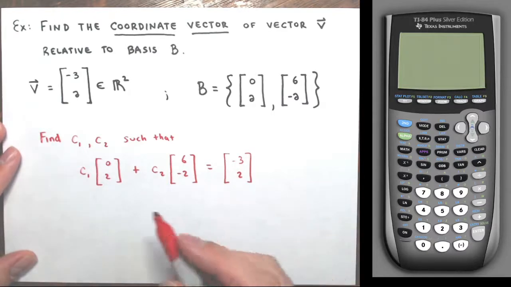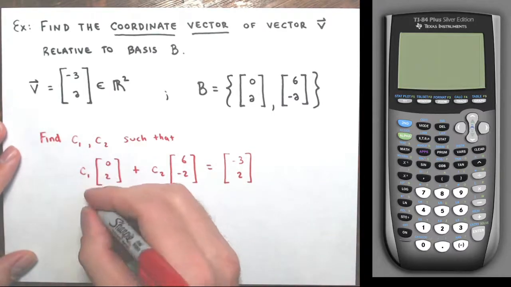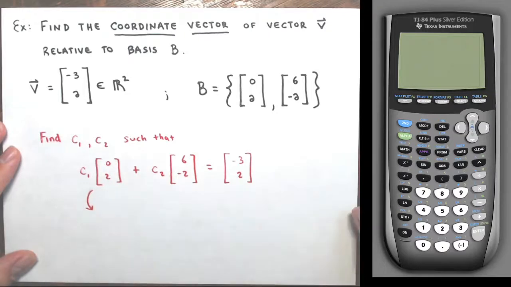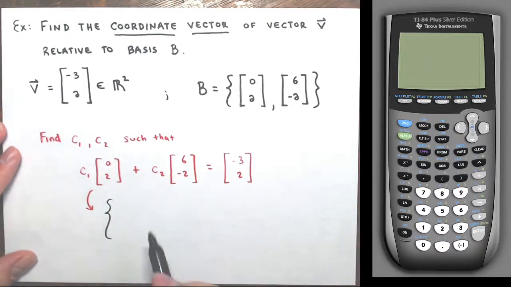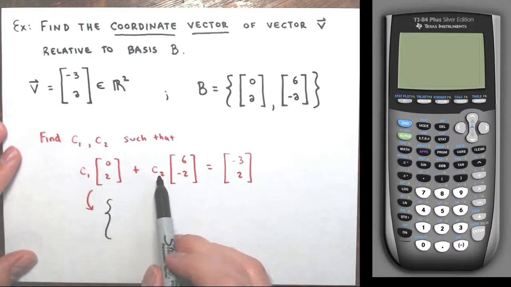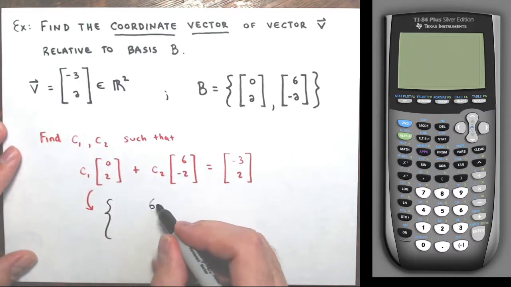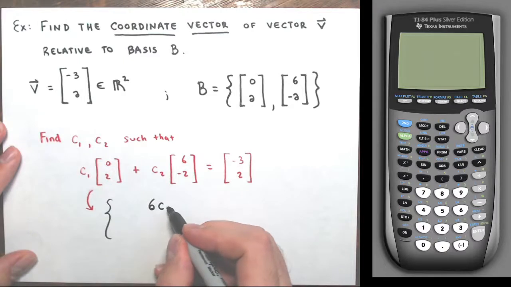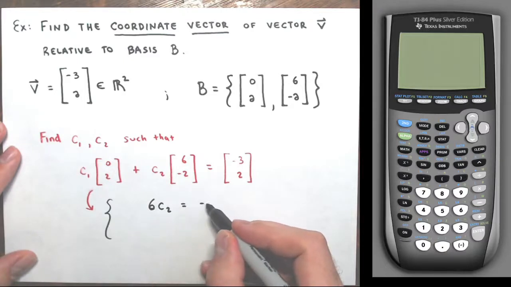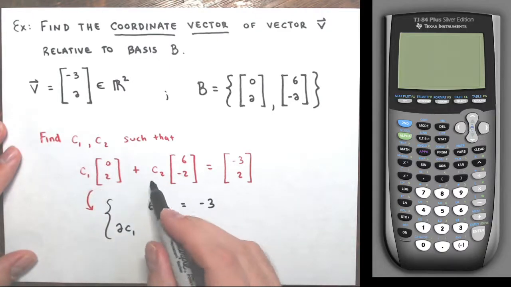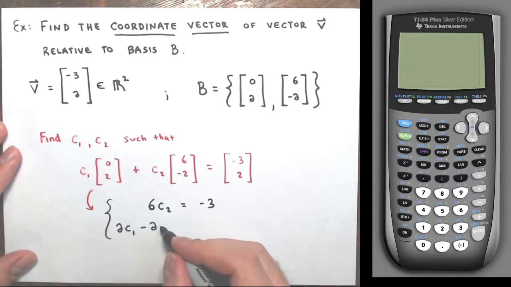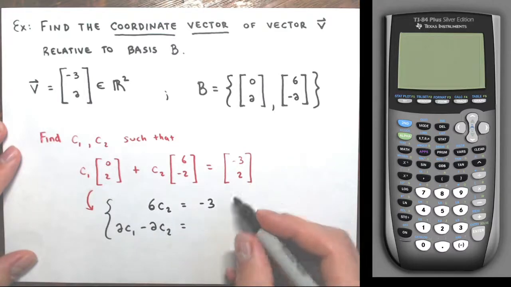Can you see how this leads me to a system of equations involving C1 and C2? Where I have 0 C1 plus 6 C2 equals -3, the first components, and then 2 C1 minus 2 C2 must be equal to +2.